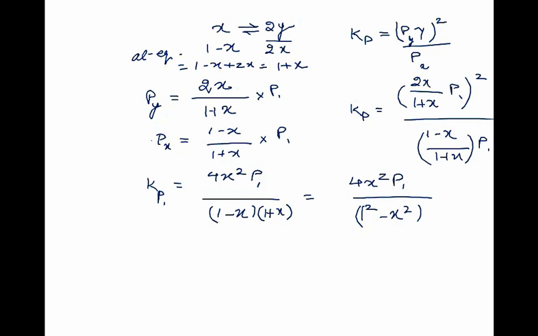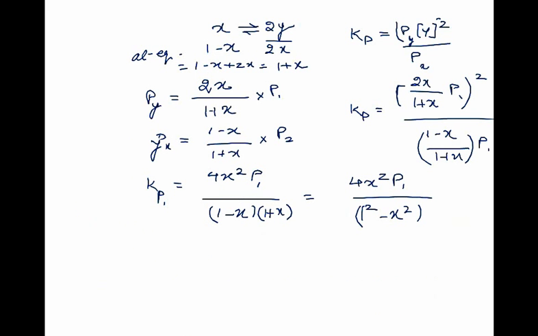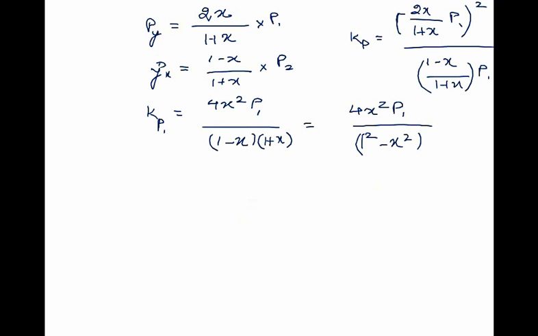Now what was the equation over here, students? It is Z in equilibrium with P plus Q. Let the initial number of moles of Z be 1, and this is 0 and 0. Now, at equilibrium, what will be the thing?